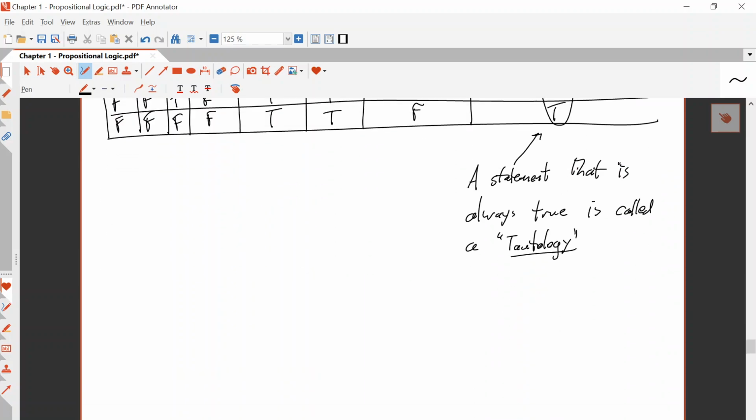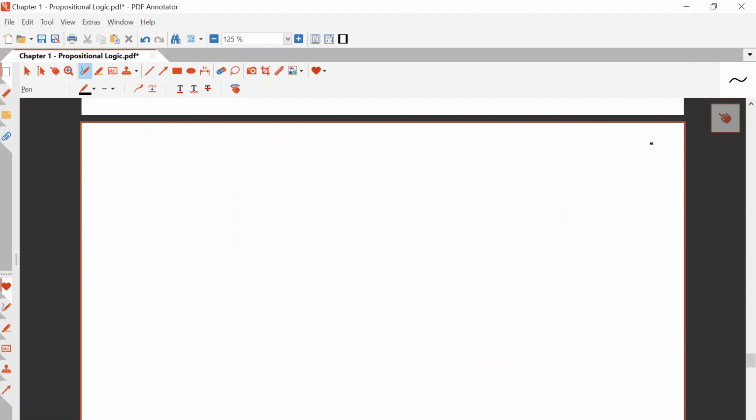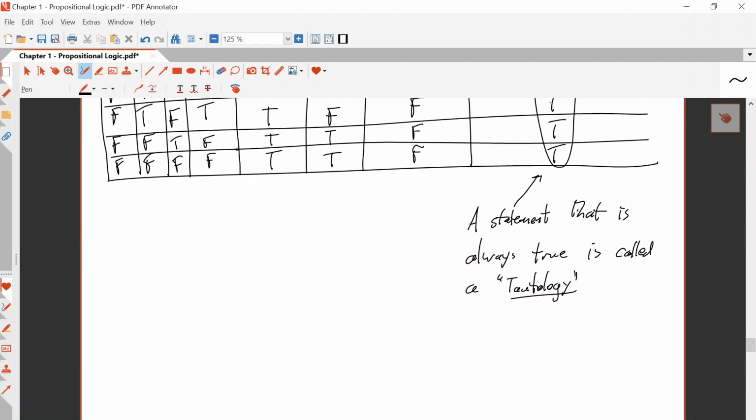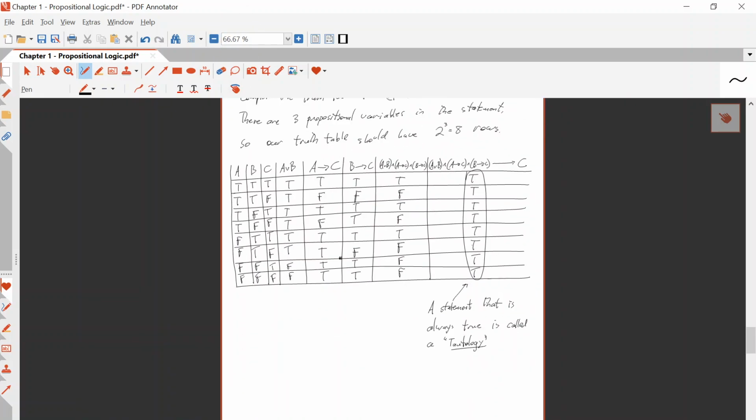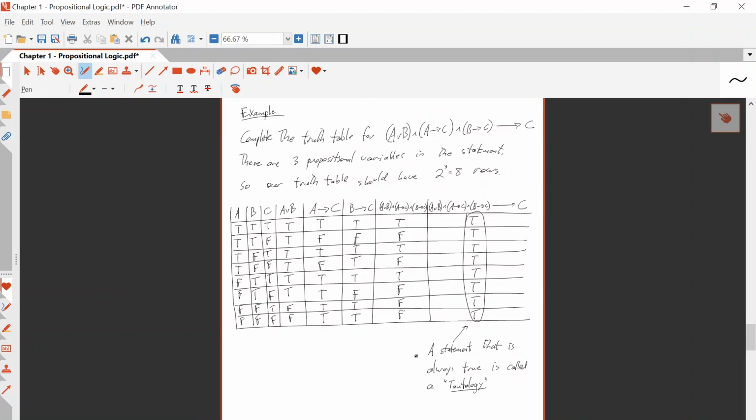Tautologies play an important role in propositional logic, and I would like to go over some well-known ones. So let's look at another one.